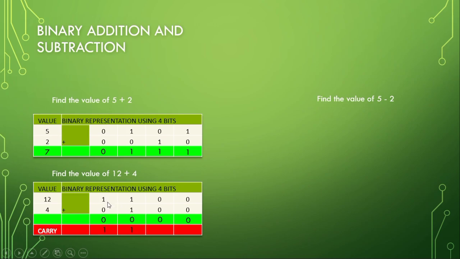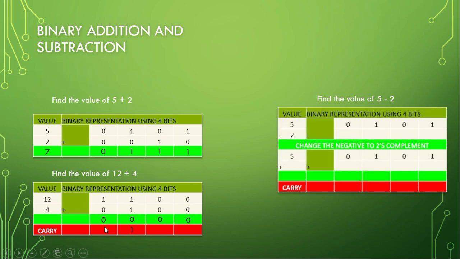Or you could say 1 plus 0 is equal to 1. 1 plus 1 is equal to 0, carry the 1, like so. And we have carried that value. So our value here is 12 plus 4, which is equal to 16. And the value 16, using 4 bits, can be represented by 0, 0, 0, 0, right? With carry bits of 1 and 1, like so.